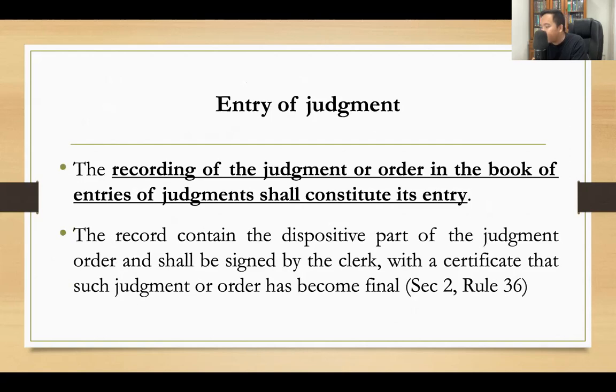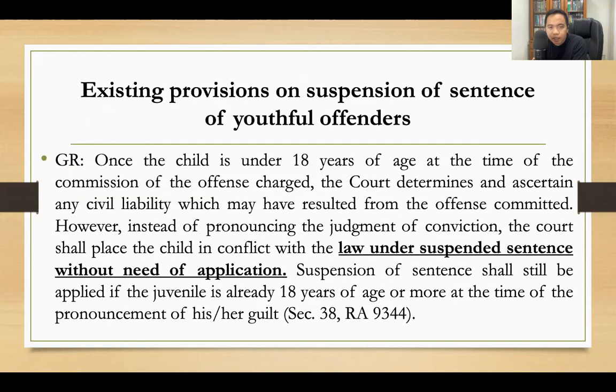So what do we mean by entry of judgment? This is the recording of the judgment or order in the book of entries of judgment, which constitutes its entry. The record contains the dispositive part of the judgment or order and shall be signed by the clerk with a certificate that such judgment or order has become final.